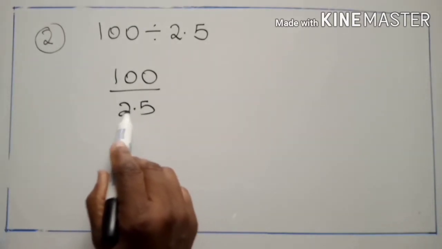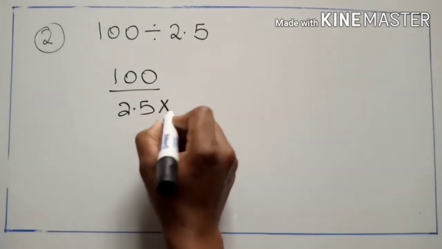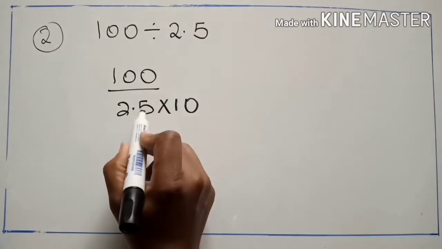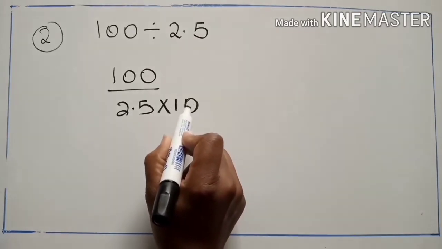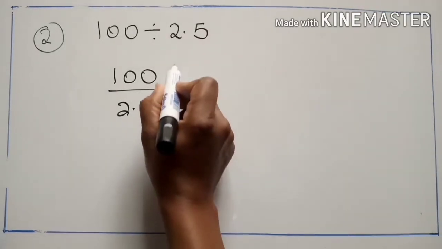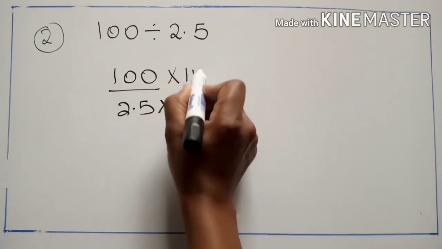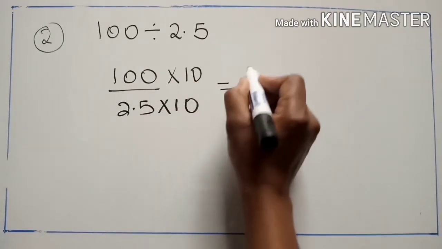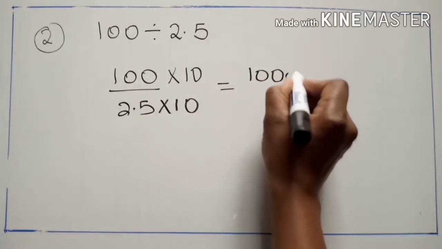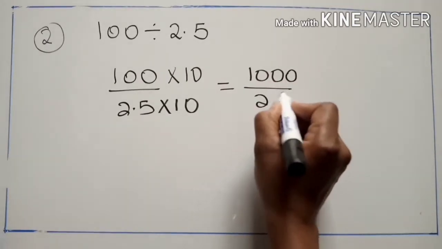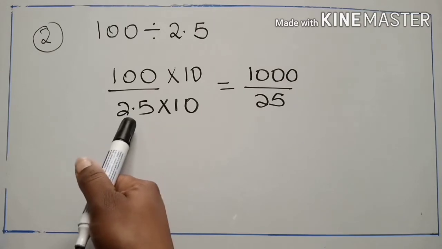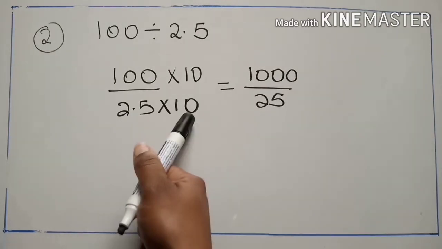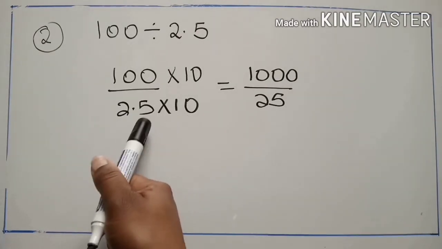For us to change 2.5 into a whole number, we'll say times 10, because this 2.5 has one decimal place. So we multiply by 10, and also multiply the numerator by 10, so that we have 1000 divided by 25. By this point, you should be able to multiply 2.5 times 10 quickly and say that is 25.